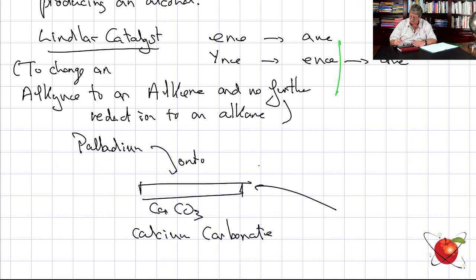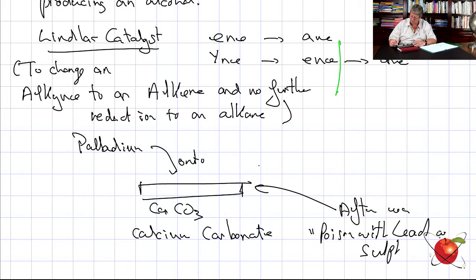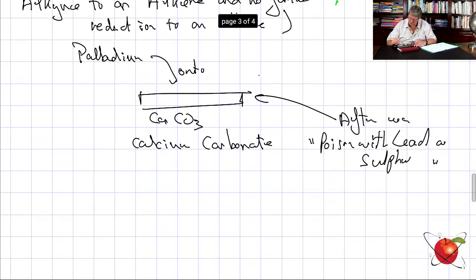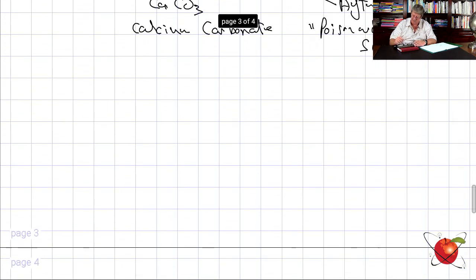Then afterwards, we poison it with lead or sulfur. That's what we do with these. That's what we've got here. That's a Lindlar catalyst.